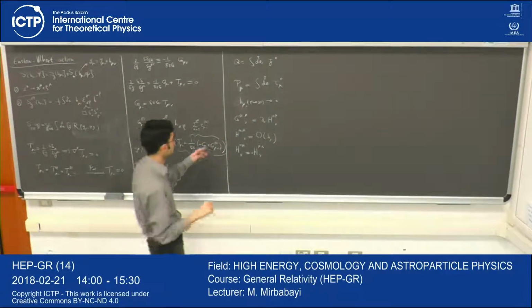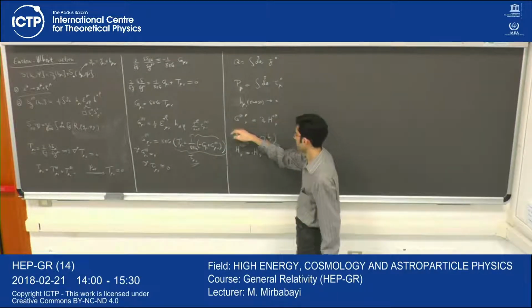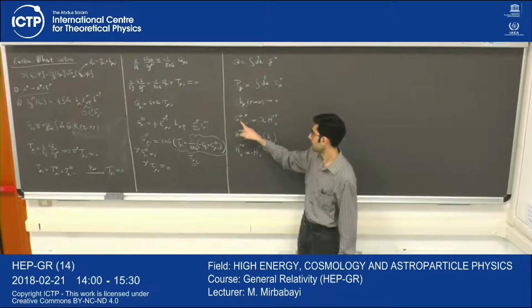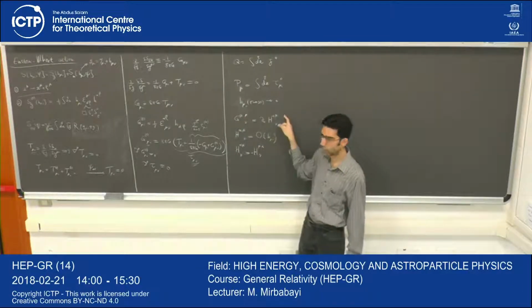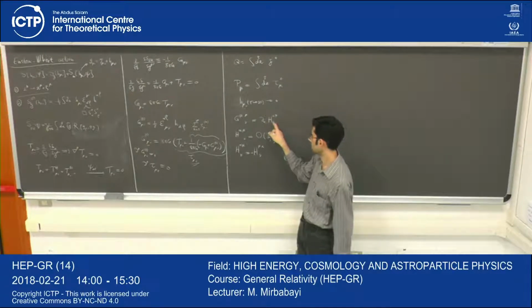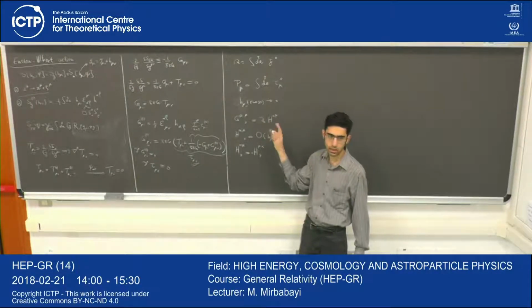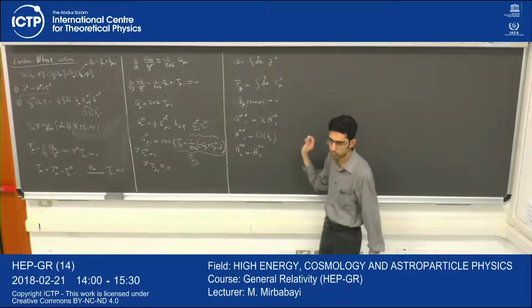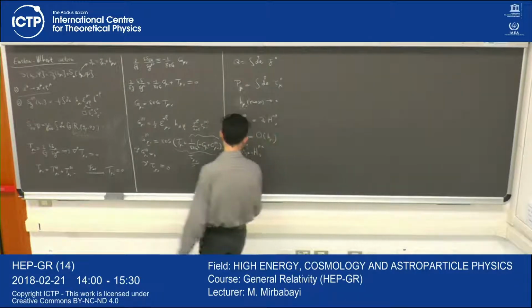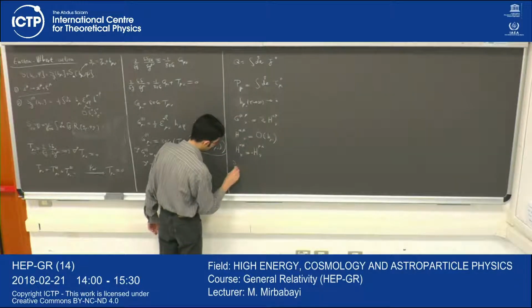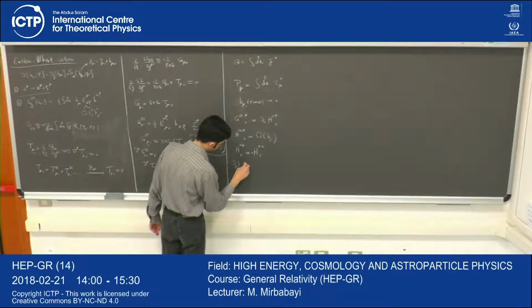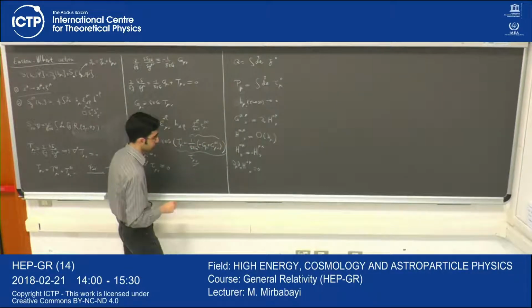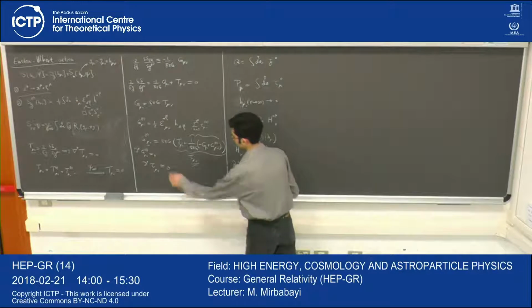Therefore, this makes it clear why, when I act by the derivative with respect to mu, it has to vanish because of anti-symmetry. Because derivatives commute, but this is anti-symmetric in alpha mu. So if I take the derivative with respect to alpha of h alpha mu, that is equal to 0. So it makes it automatic.